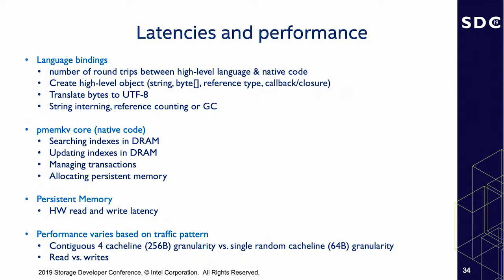So, for example, if you were in the previous talk where you saw Mike say that accessing things at 256 byte granularity is 4 times the bandwidth of accessing random 64 byte cache lines, we, of course, detect that and leverage it and go through a lot of effort to try and get that higher bandwidth. Not to mention the difference between reading and writing. We're very aware of that too.